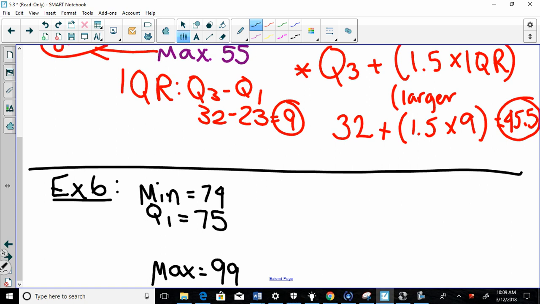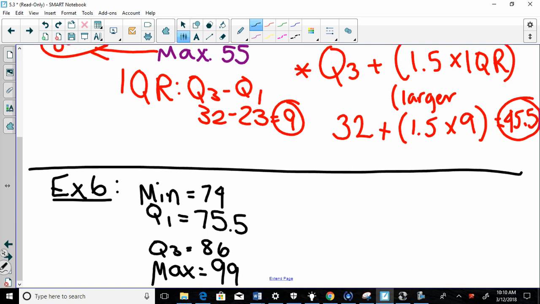Is that what you put? 75.5. We're using the data you already have. My max is 99. My Q1 is 75.5. And then your Q3 is 86. So I'm just reading off your purple sheet.